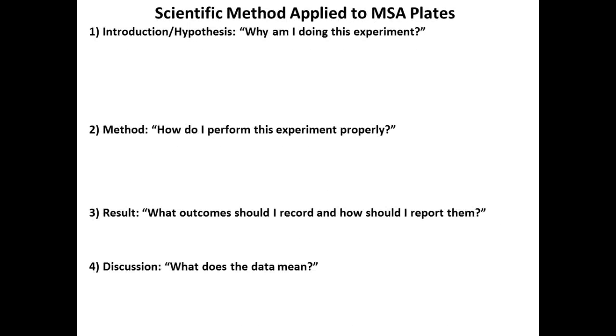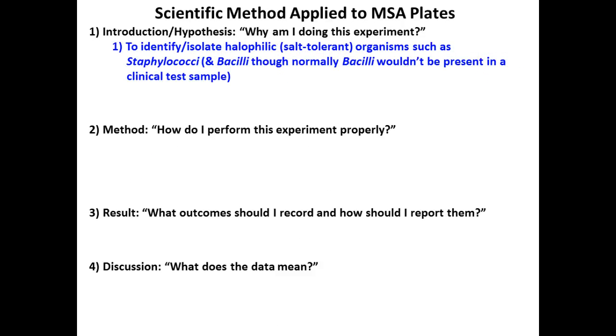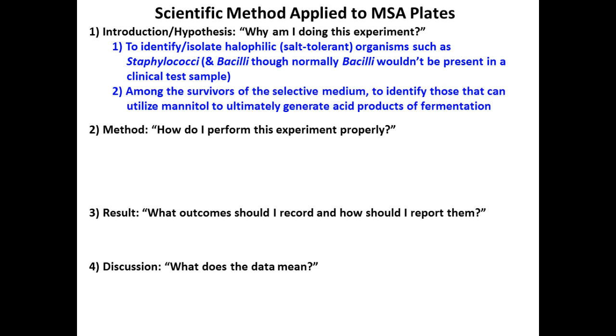So again, what are the questions that we're asking? We want to know, right, is the organism salt tolerant? And so in this class, we have Staphylococci and some bacilli, although normally bacilli wouldn't be present in clinical specimens, right? They would be more environmental type specimens. So if you have a bacillus, you might be having some growth because it's salt tolerant.